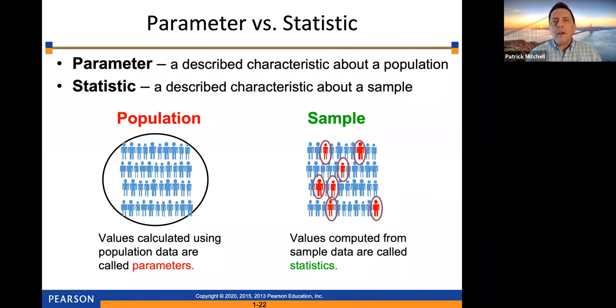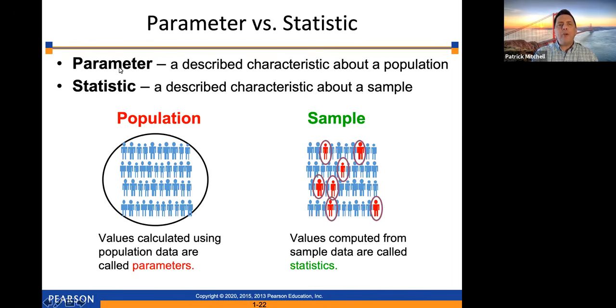All right, parameters versus statistics. Told you there's a lot of vocabulary in this chapter. A parameter is a described characteristic about a population. A statistic is a described characteristic about a sample. And I don't think this was planned, but everybody appreciates this because it makes it very easy to remember.